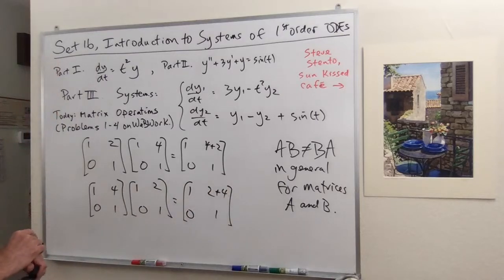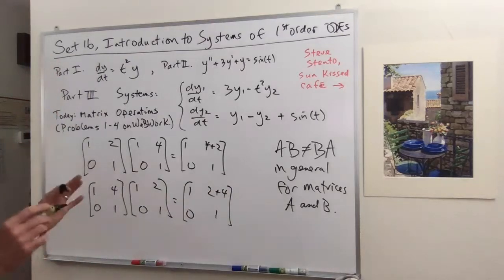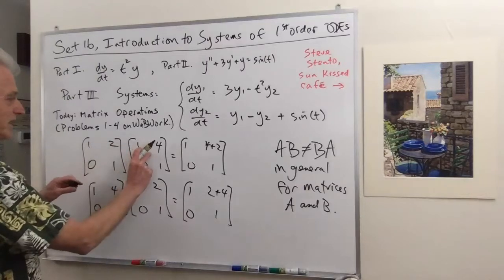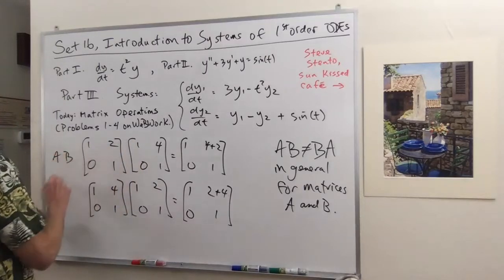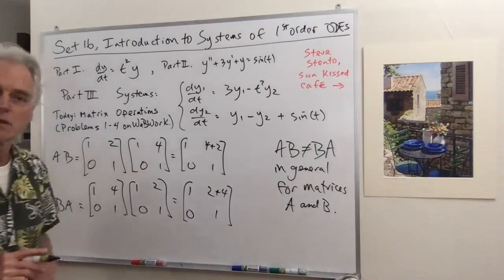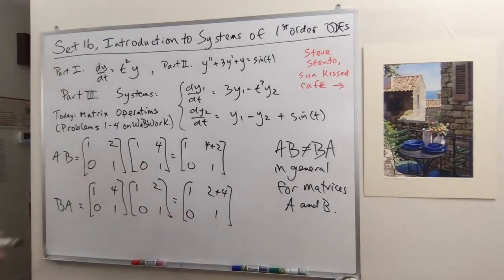Oh, look at this. For this example, if that's A and that's B, this is AB and this is BA. Okay? And AB equals BA.